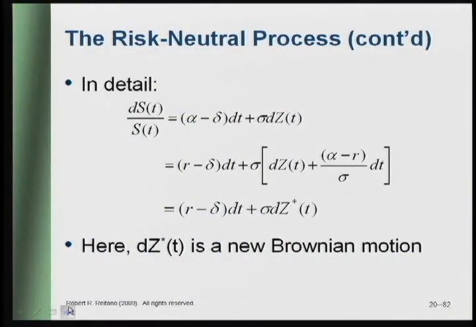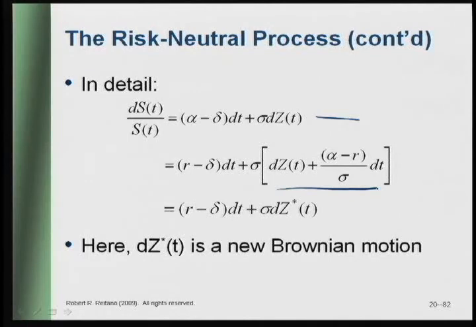So mathematically this is what happens. We have the original process here defined in terms of alpha and delta. In order for us to subtract the risk premium from the drift, we have to put it someplace, otherwise we don't have equality, so we're going to stick it into the term, and you see what happened. What we need to now convince ourselves of is that we changed the original sigma dz to be sigma times a new volatility term that's the old dz plus the Sharpe ratio times dt.